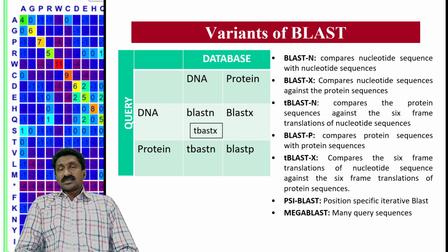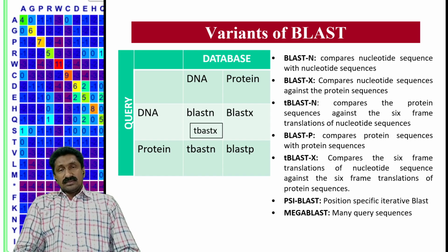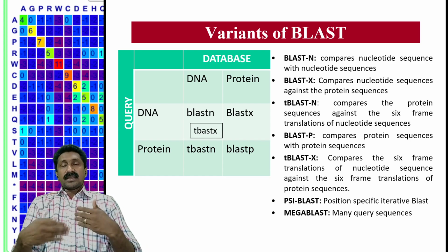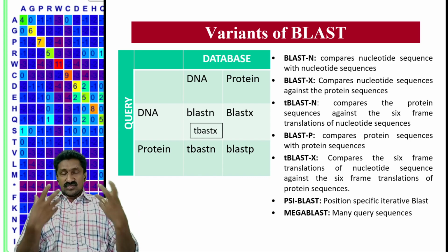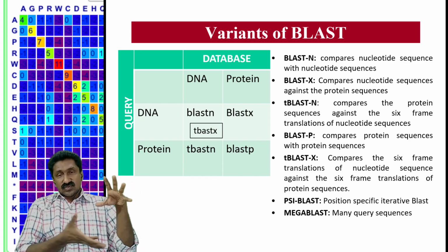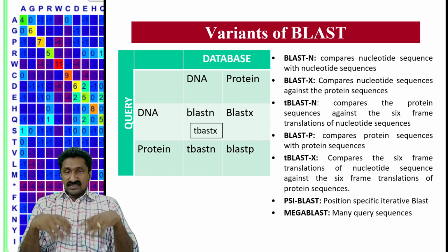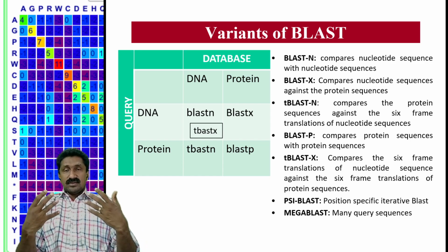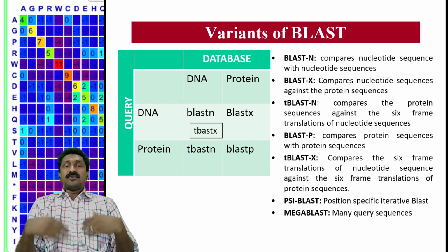Then PSI-BLAST is another BLAST which was discussed in one of the previous sessions, when we discussed the position-specific iterative matrix. In this case the BLAST will be recalculated. The scoring pattern will be readjusted after comparing with some similar sequences. Initially, a search is conducted with some homologous sequences, and that cluster of homologous sequences will be used for generating a position-specific matrix, and the values generated from the position-specific matrix will be applied in further searches.